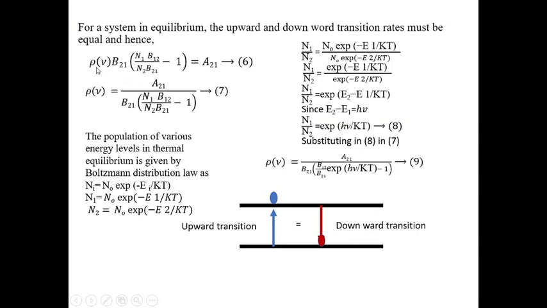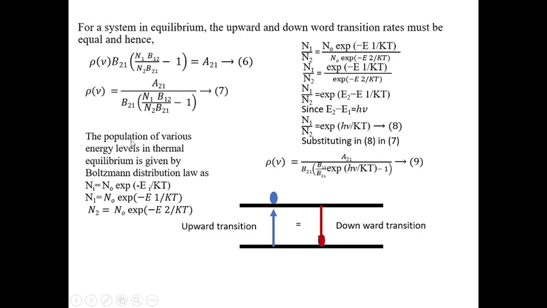So ρ(ν) = A21 / B21 × 1 / ((n1 B12)/(n2 B21) − 1). This total equation we are sending as a denominator of A21. Then we are getting ρ(ν) = A21/B21 · 1/((n1 B12)/(n2 B21) − 1), equation number 7.